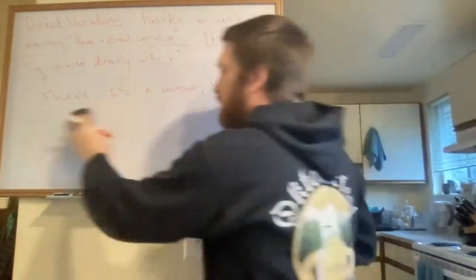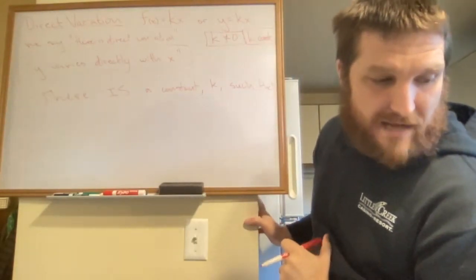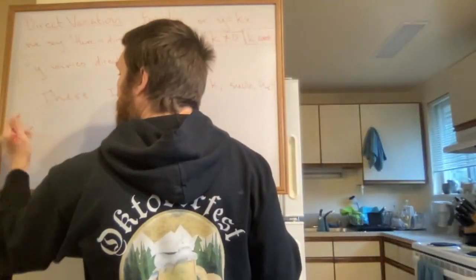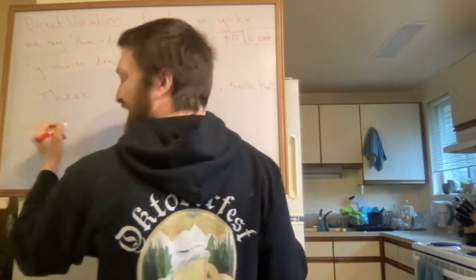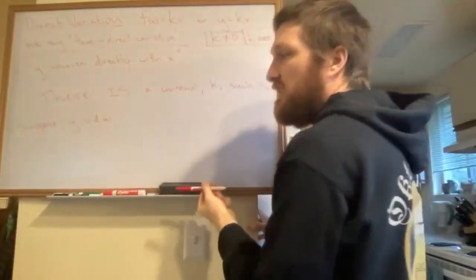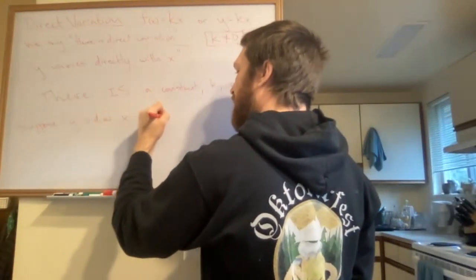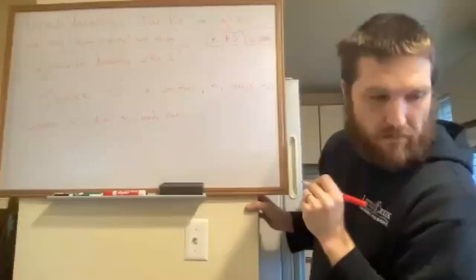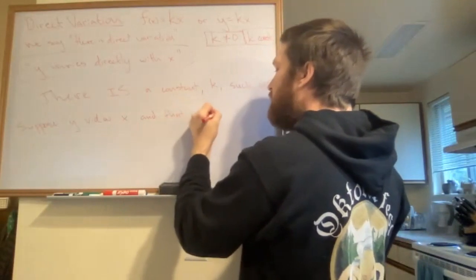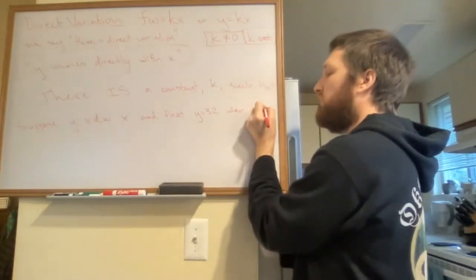So, for instance, if I say y varies directly with x, so suppose, I'm going to use this abbreviation to save time, suppose that y varies directly with x and that y equals 32 when x equals 2.